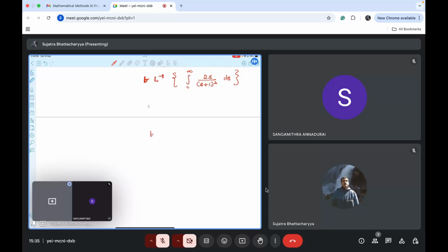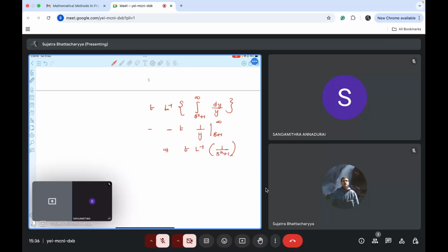When we try to solve this, we get t times L inverse of, and this you can solve with an integral, reducing it to the integral from s square plus 1 to infinity of dy by y. We can solve it later, it doesn't matter. This is not a very important property to use. Minus t times 1 by y from s square plus 1 to infinity gives you t times L inverse of 1 upon s square plus 1. Once you get this, you know that this is nothing but t times sine t.